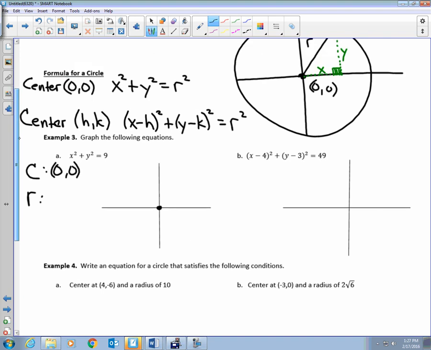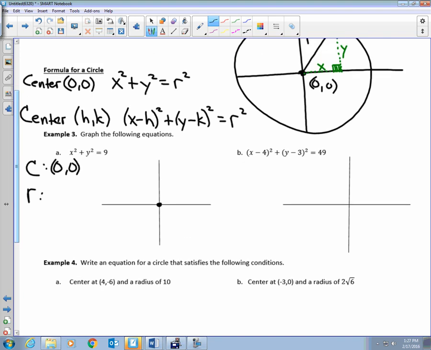The equation says r squared. So if this is r squared, what is the radius then? The radius is 3. So it's not this number, it's the square root of that number. You see that? So as I graph this, I'm just going to go over 3 units in each direction.